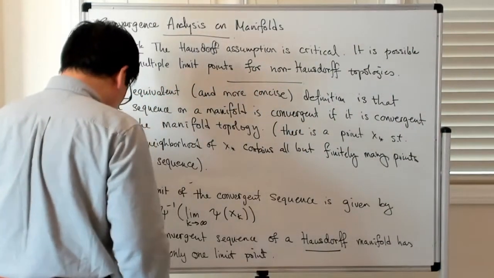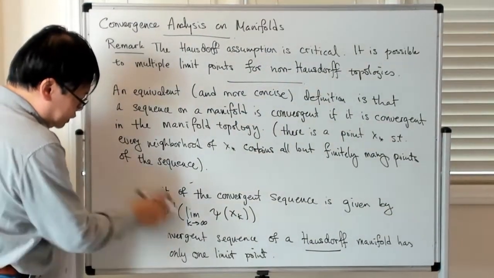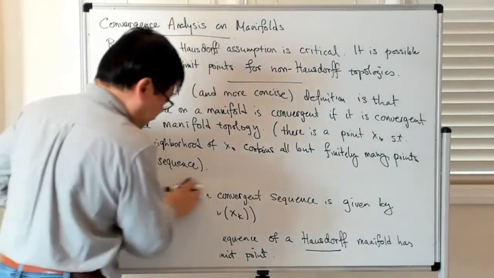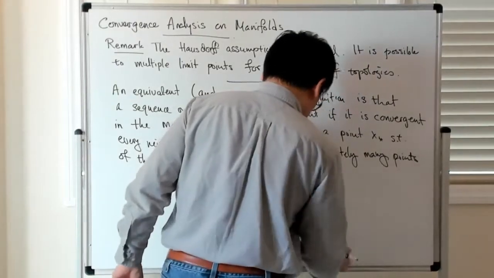So to allow for the possibility that you have more than one limit, we're going to talk about accumulation points and limit sets.